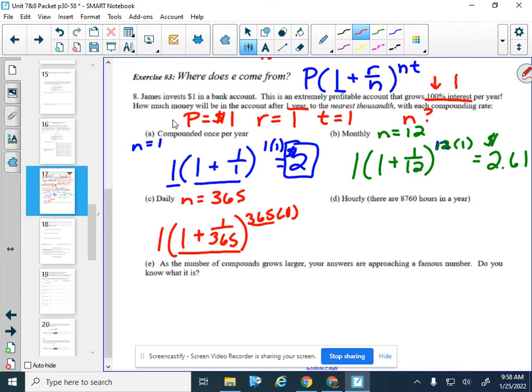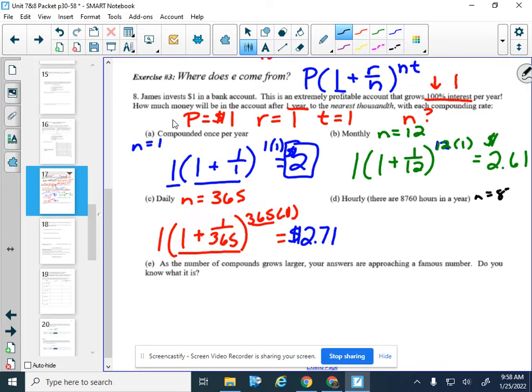If you're using your calculator, you can just replace the 12s with 365s. And that should give you $2.71.